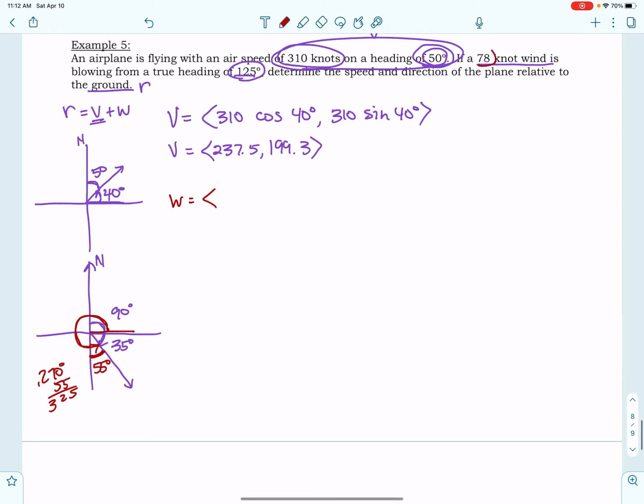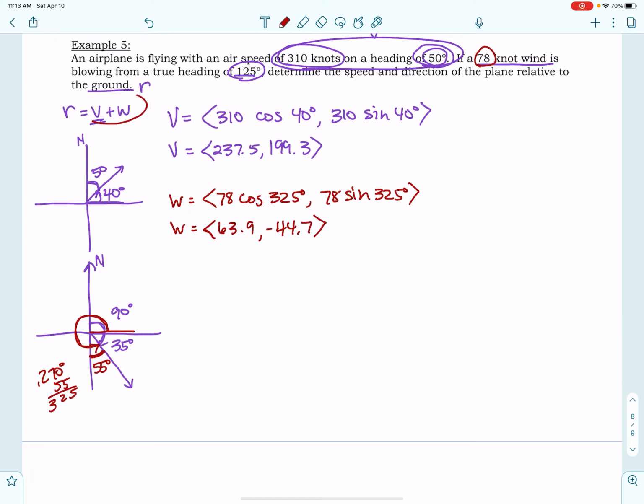It is 78 knots times the cosine of 325 degrees. Then, of course, I just type these separately into my calculator, and I get 63.9 and negative 44.7.